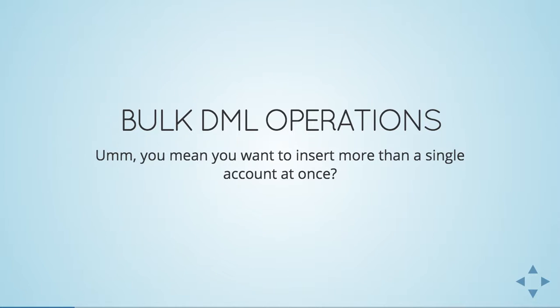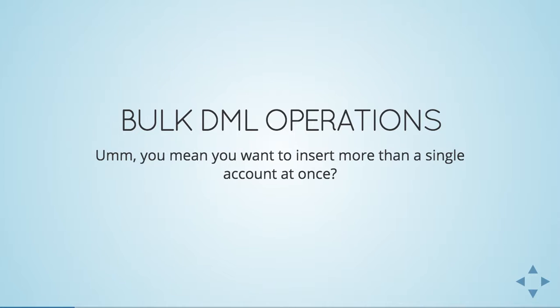You want to really treat your trigger.new and trigger.old maps as if they have 200 records in them. And that's because by default, Salesforce will run your Apex trigger logic in batches of 200 records. So you always want to make sure that your logic is ready to handle that.